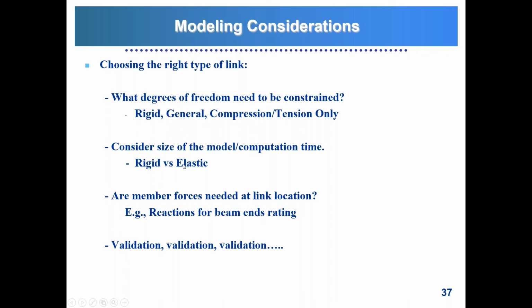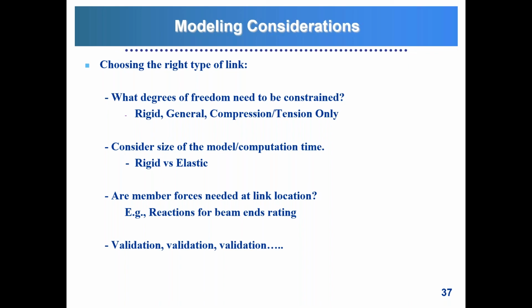The other thing you want to consider is whether you need member forces at the location of the link or not. Whether it's a special configuration like the tie-down system that we had, or you have a beam where you need the reactions because you're doing beam trading. If that's the case, then you're essentially going with an elastic link, which is the link that will give you member forces.